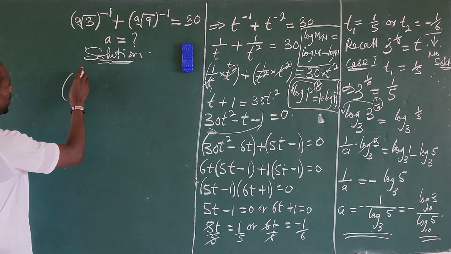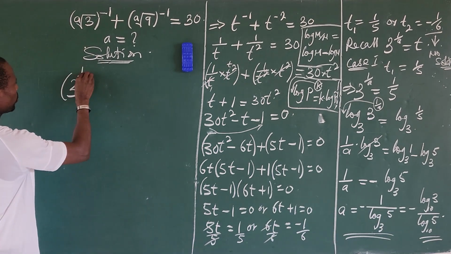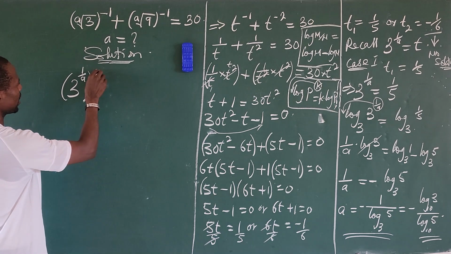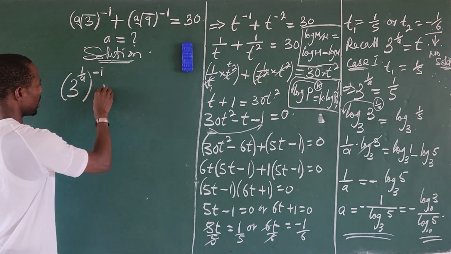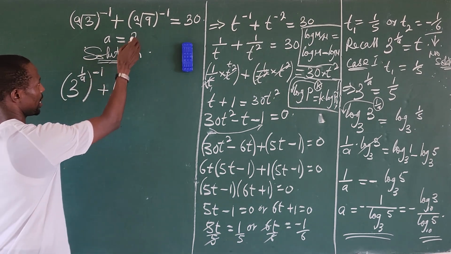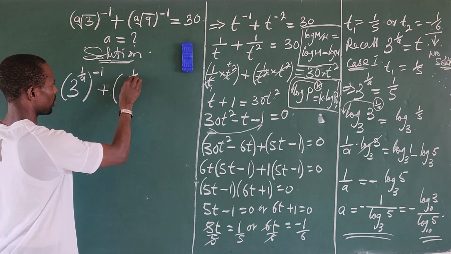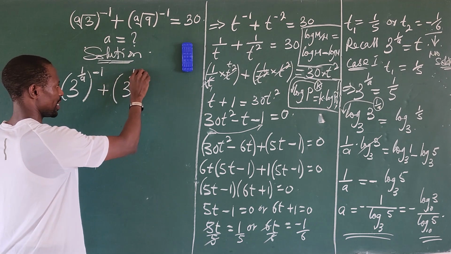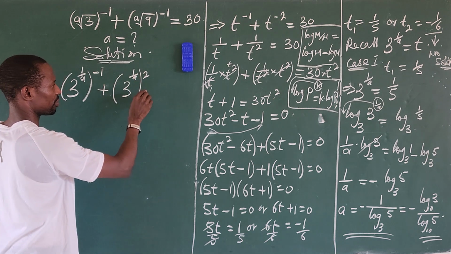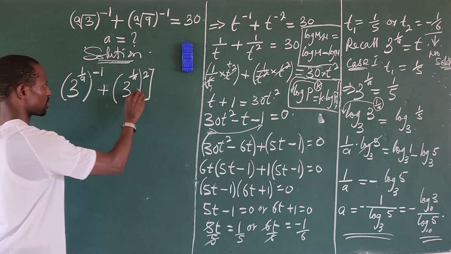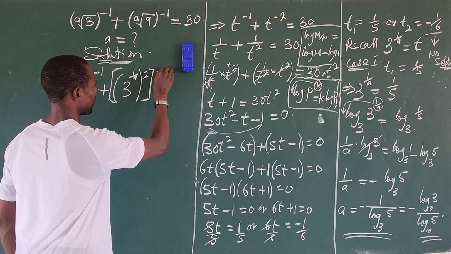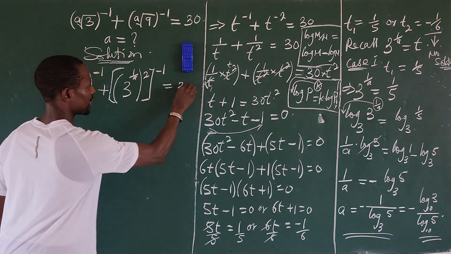So we know that this is the same thing as 3 to the power of 1 all over a, close bracket, to the power of minus 1, then plus bracket, this we did the other time, 3 to the power of 1 all over a, close bracket, all to the power of 2, then minus 1 equal to 30.